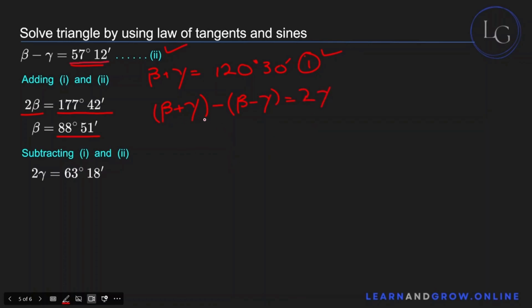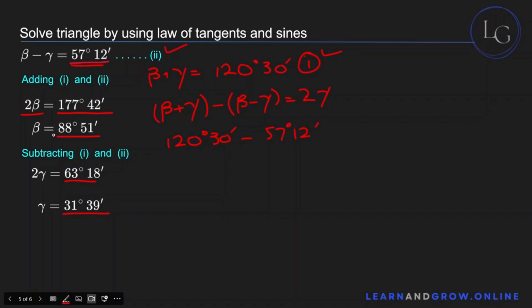So 2 gamma is equal to beta plus gamma, 120 degrees and 30 seconds, minus beta minus gamma, 57 degrees and 12 minutes, which gives you 63 degrees and 18 minutes. So divide this by 2 and you get 31 degrees and 39 minutes.